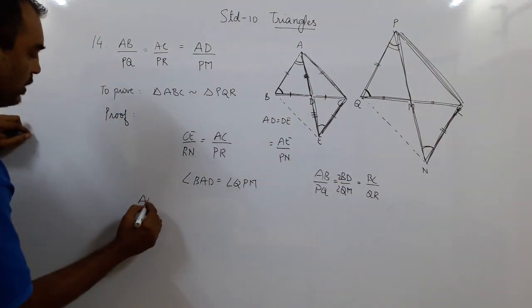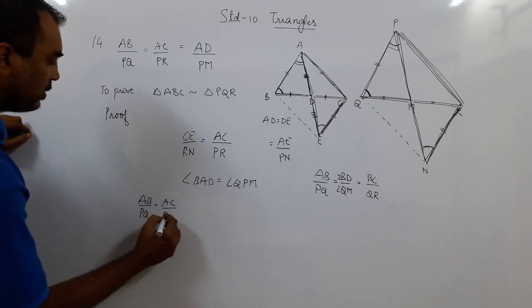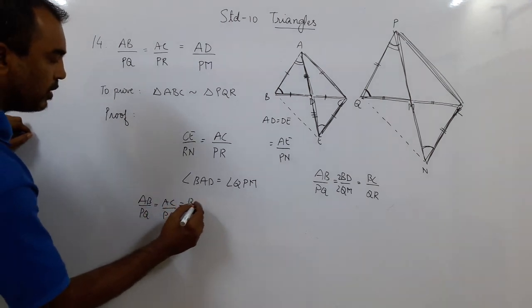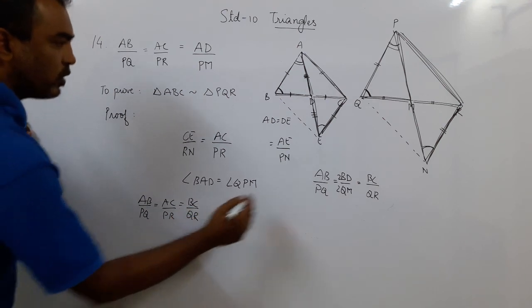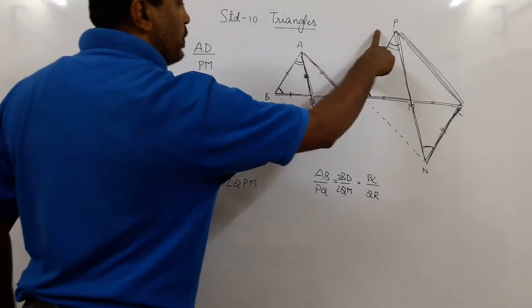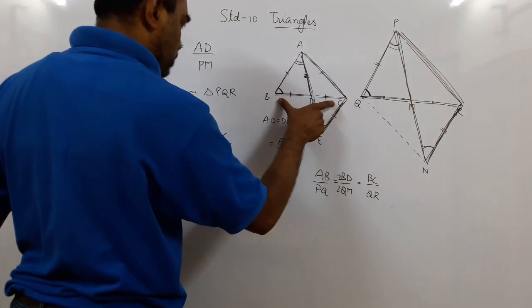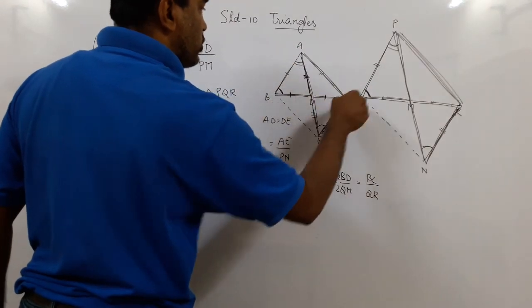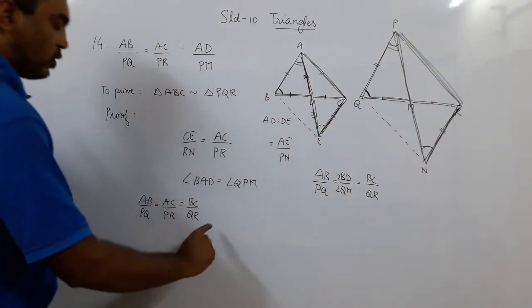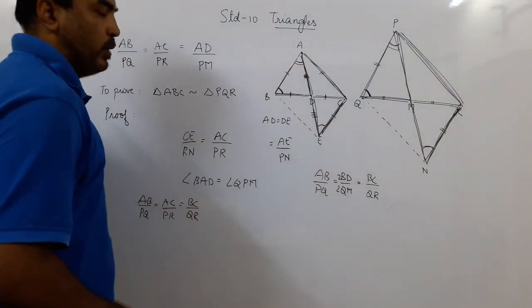So we have AB upon PQ equal to AC upon PR equal to BC upon QR. So what have we got now? If these two triangles, the corresponding sides are proportional, so by SSS the two triangles are similar.